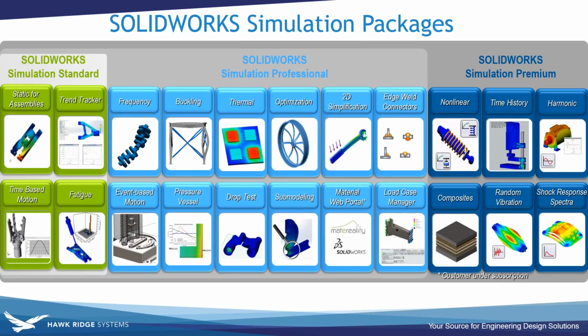And then we can graduate to a Simulation Premium seat, which gives you everything you see on your screen. So it gives you your basic linear elastic study up to a more advanced nonlinear or dynamic analysis.